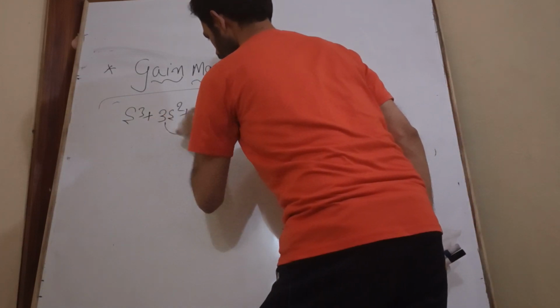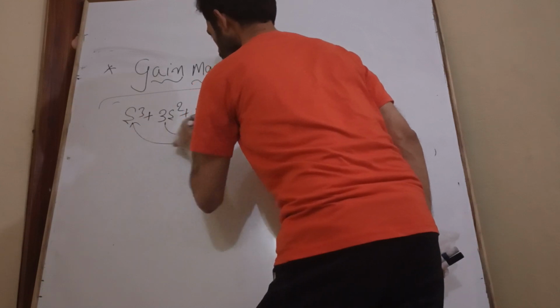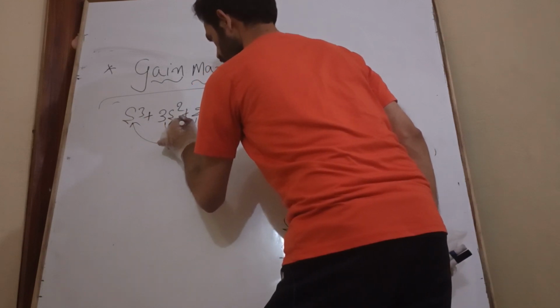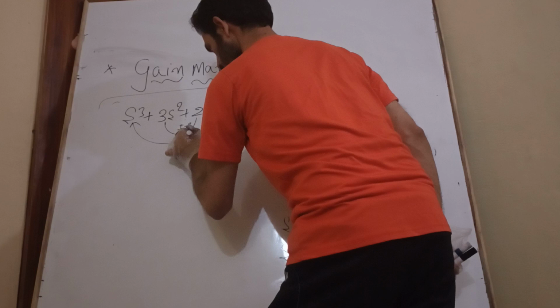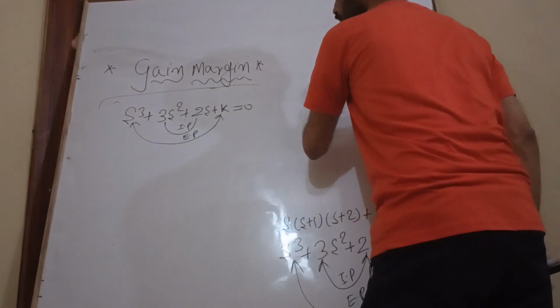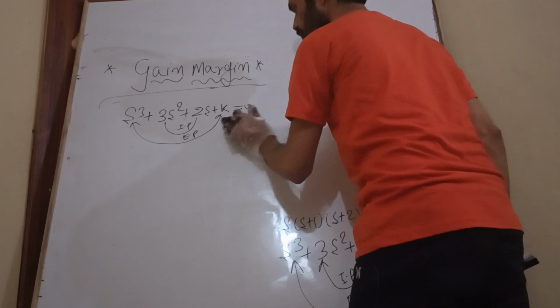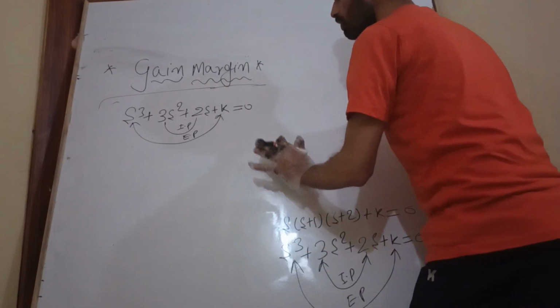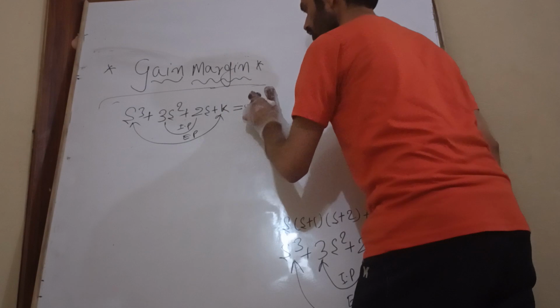So this is my internal product and this is my external product. When both of these products become equal, then the closed loop system is marginally stable.